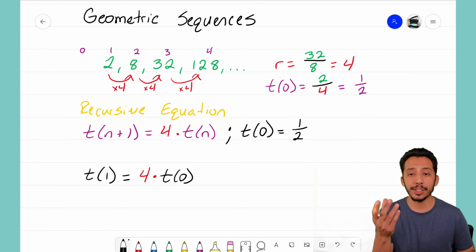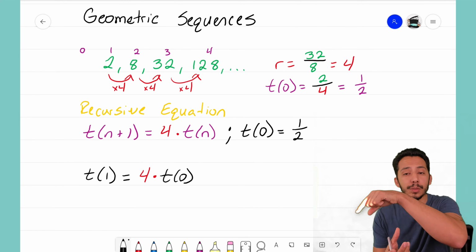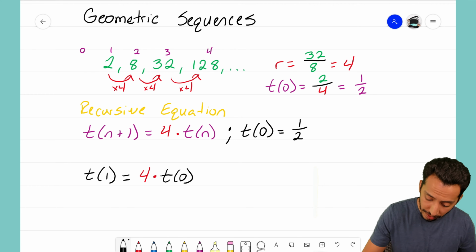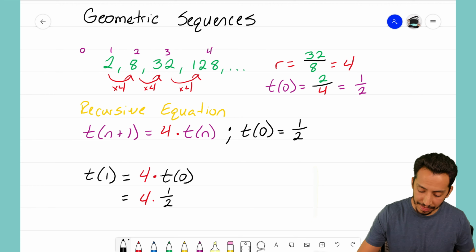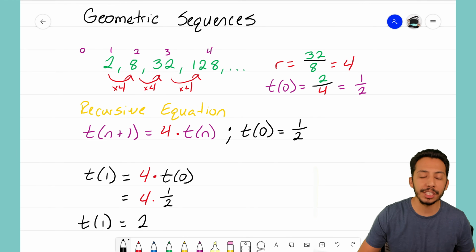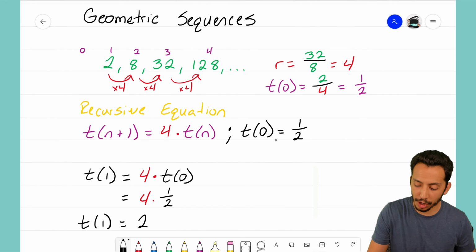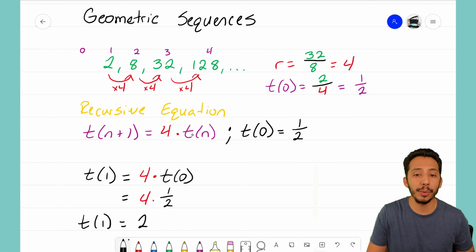We know that our 0 term, it'll end up being 4 times 1/2. Well, 4 times 1/2 equals 2. So by using our recursive equation, we had our starting point, we used that starting point in our recursive equation, we have 4 times the 0 term, and we end up with our first term being 2.